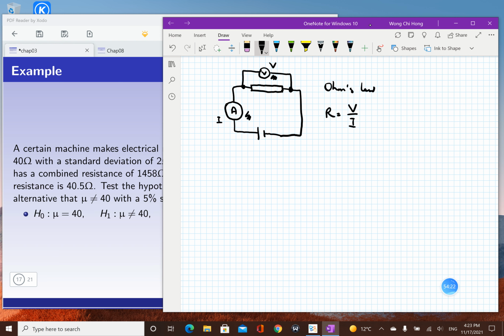Therefore, each one of them will have an error in the resistance that I obtain. Okay, but I've got 36 of them. What would be the error when I have to work out the sample mean? I have to add the whole lot together, divide by n, remember? I have to add all the resistances together and then divide by n. So I have to include a lot of errors in here. So this is not necessarily the best way to do it.